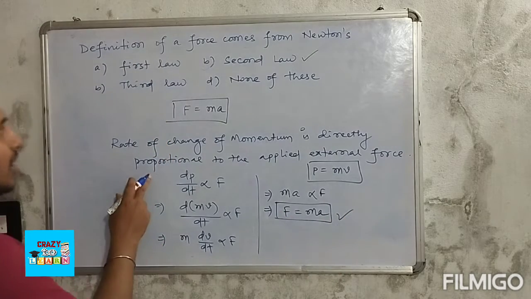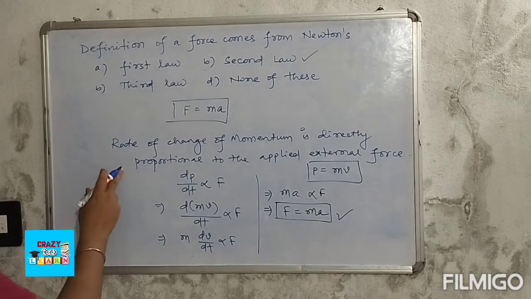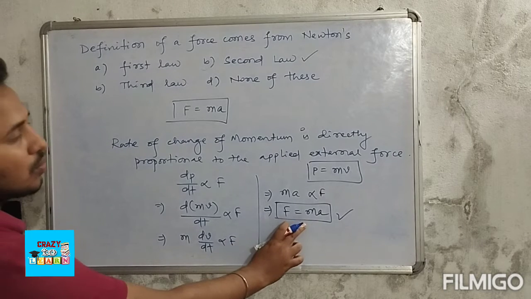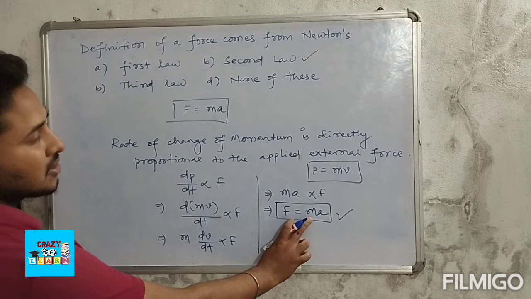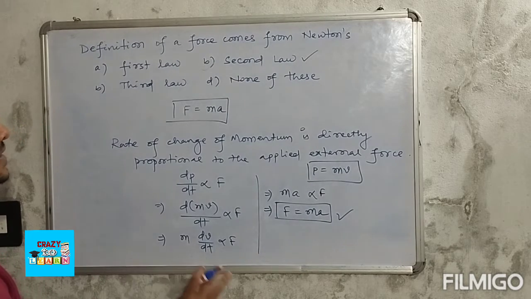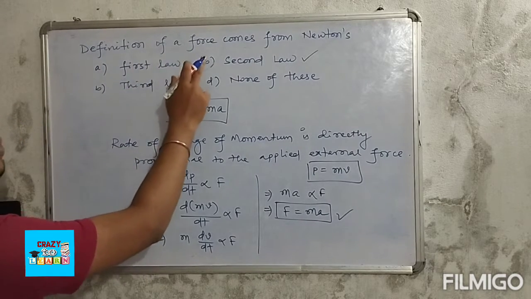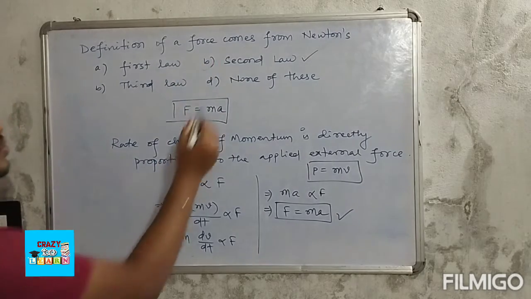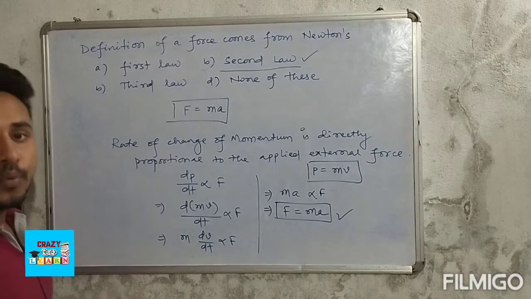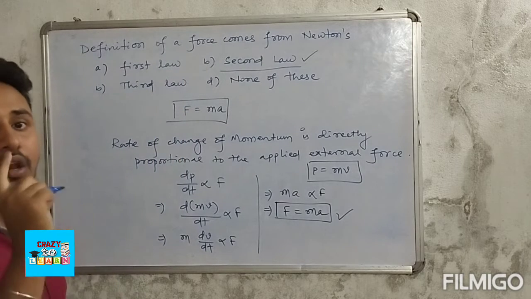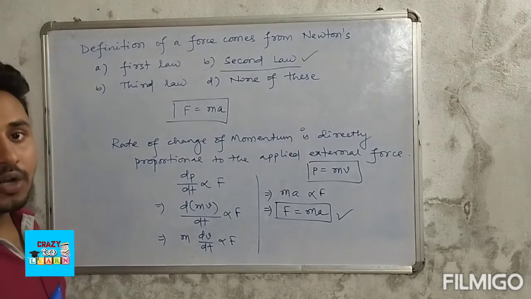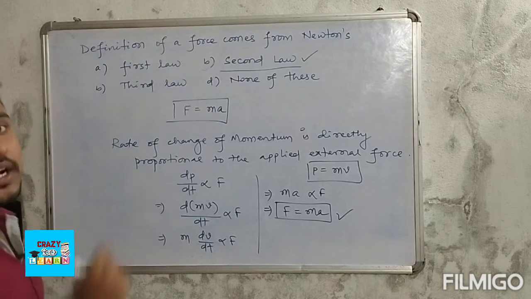So from the second law of motion, we get that the applied external force is equal to the product of the mass of the object and the acceleration of the object. So we say the definition of a force comes from Newton's second law of motion. And this second law of motion is also called the real law of motion, because Newton's first law and the third law we can derive from the second law.